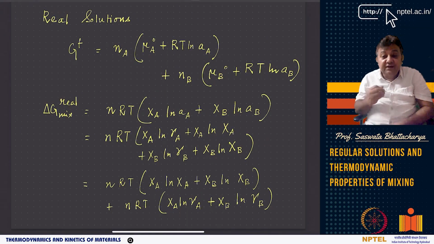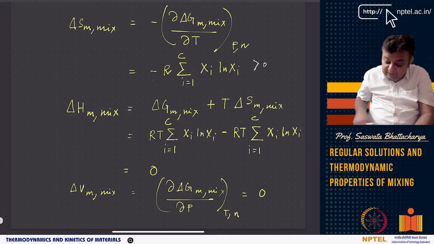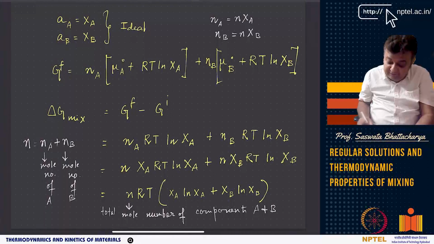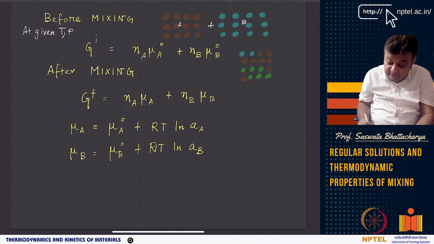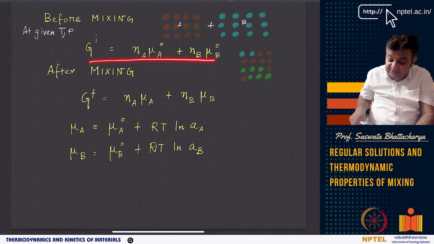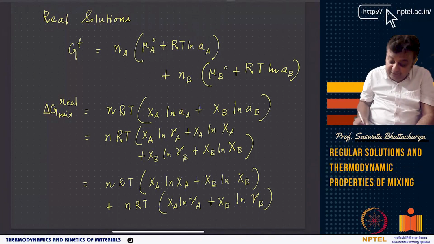Now comes the real solution. So this is where the difference is. Now look at the initial form. The initial part does not change. However, look at the final part. Now instead of writing XA, I am writing the activity of it, and here also I am writing activity.